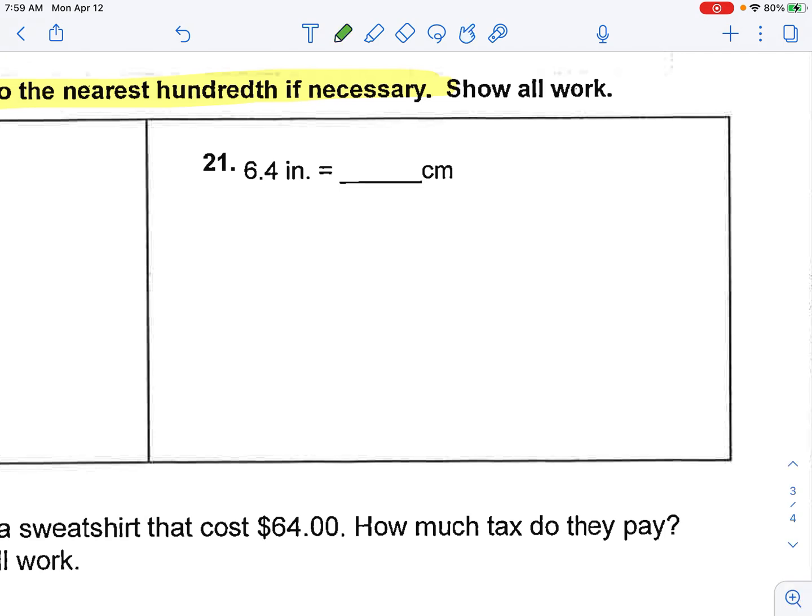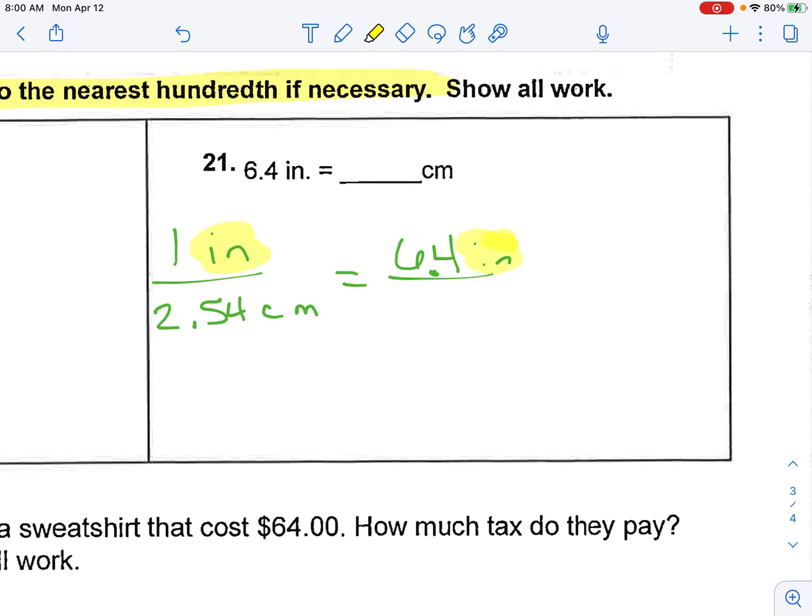Converting 6.4 inches to a number of centimeters. Go to your purple sheet, find your conversion factor for inches to centimeters, and you'll see that it says that 1 inch is to 2.54 centimeters, as 6.4 inches is to what?